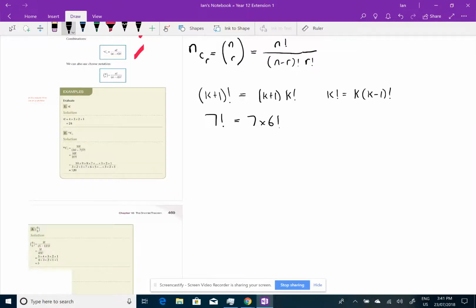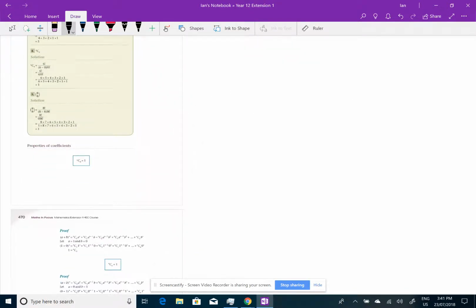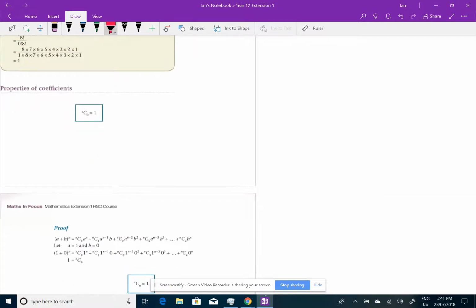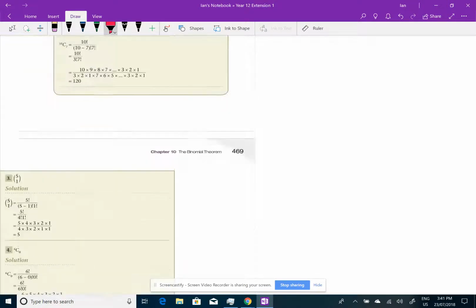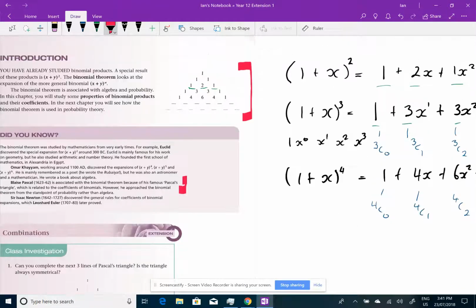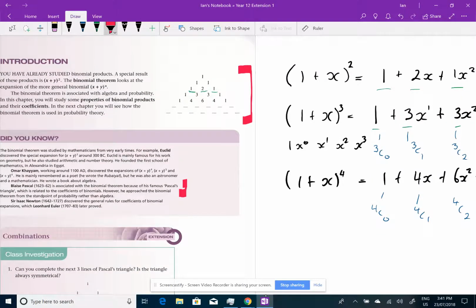There are some other ones that you need to know. And the first one is this, that the leading one, nCn, is 1, and nC0 is 1. If you look back at Pascal's triangle, you see all the ones down this side and all the ones down that side. Well, they're the beginning ones.